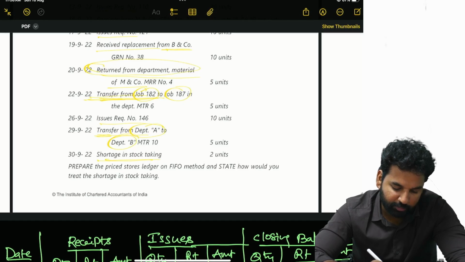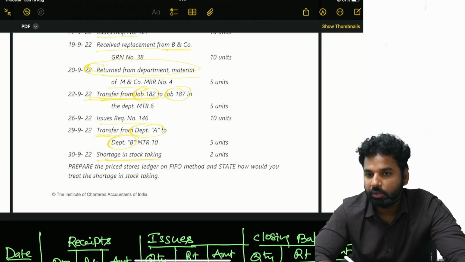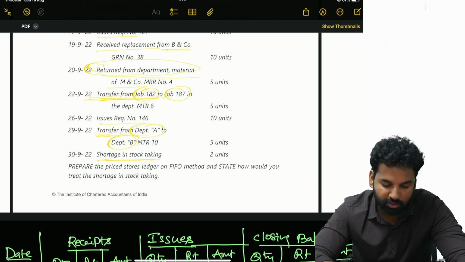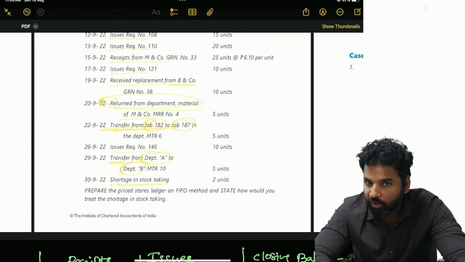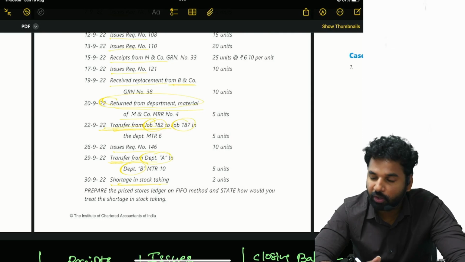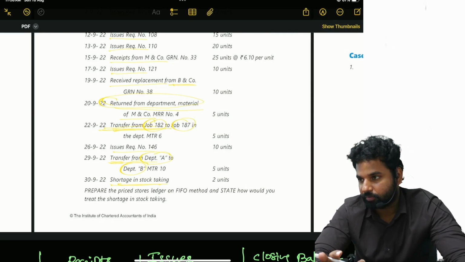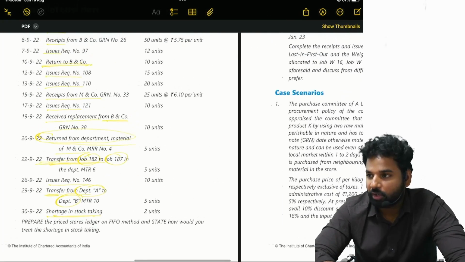Shortage in stock taking is a loss. What has to be done for loss? If it is normal loss, absorption. Shortage means abnormal loss or normal loss? See, shortage is not normal, just like pilferage. Bulk breaking is normal.